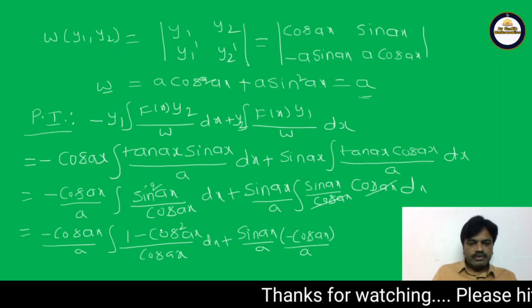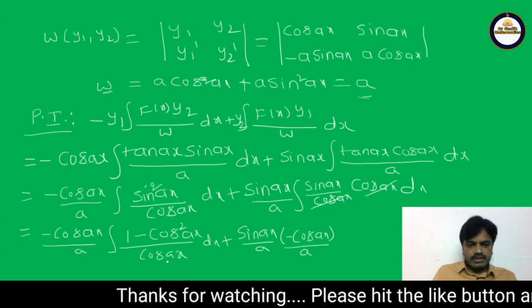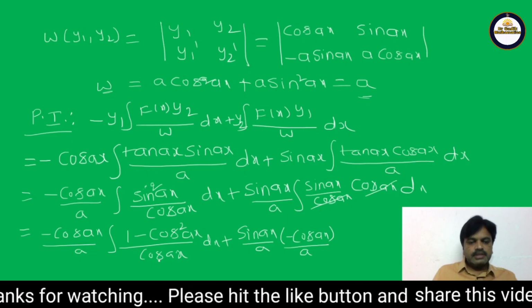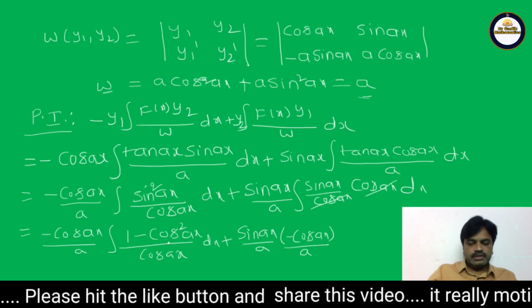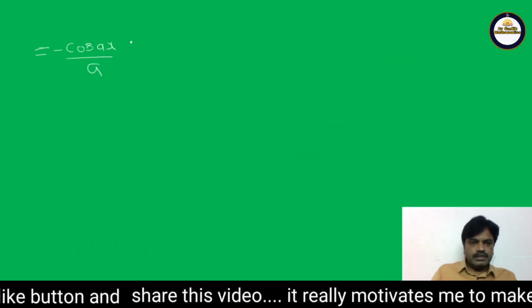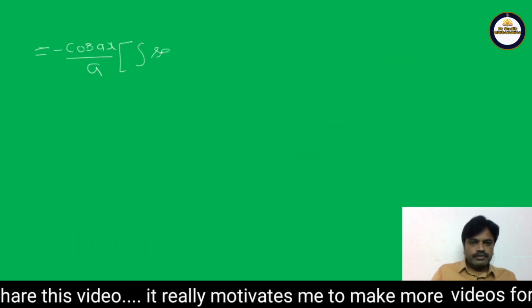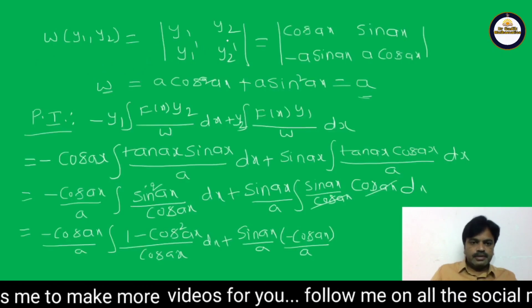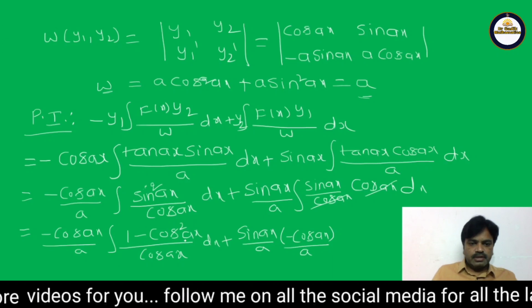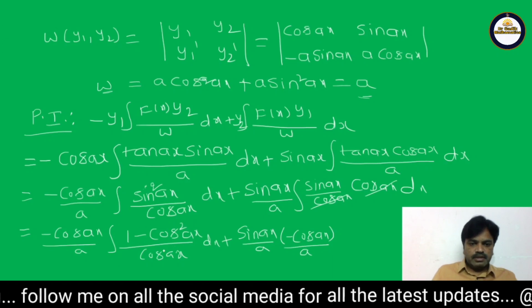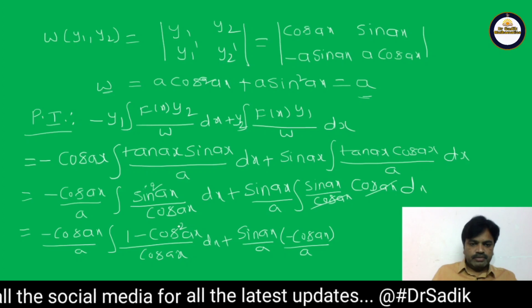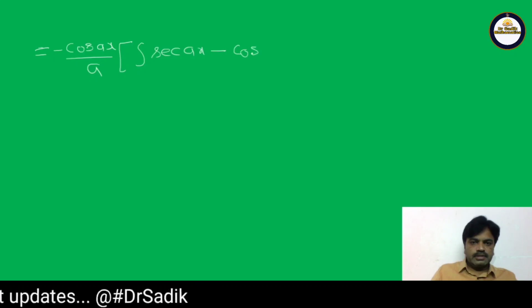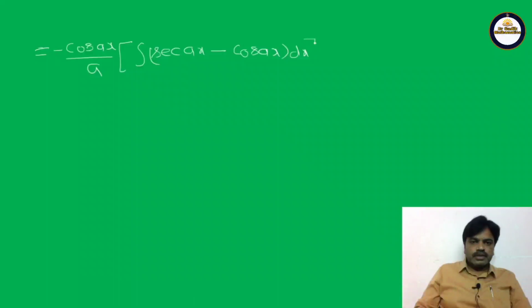See friends, here I want to separate these terms. 1 by cos ax is secant ax, so bracket integral of secant ax minus cos square ax by cos ax, which gives cos ax into dx, bracket close.